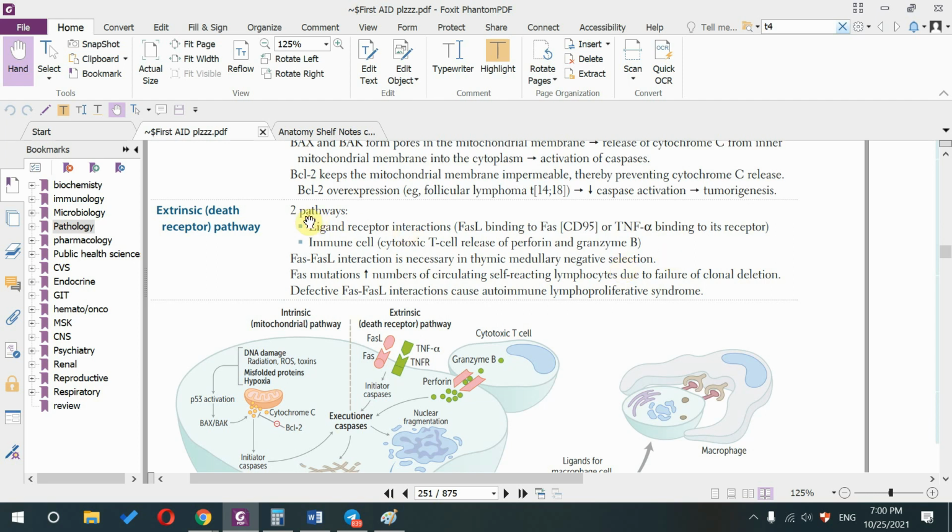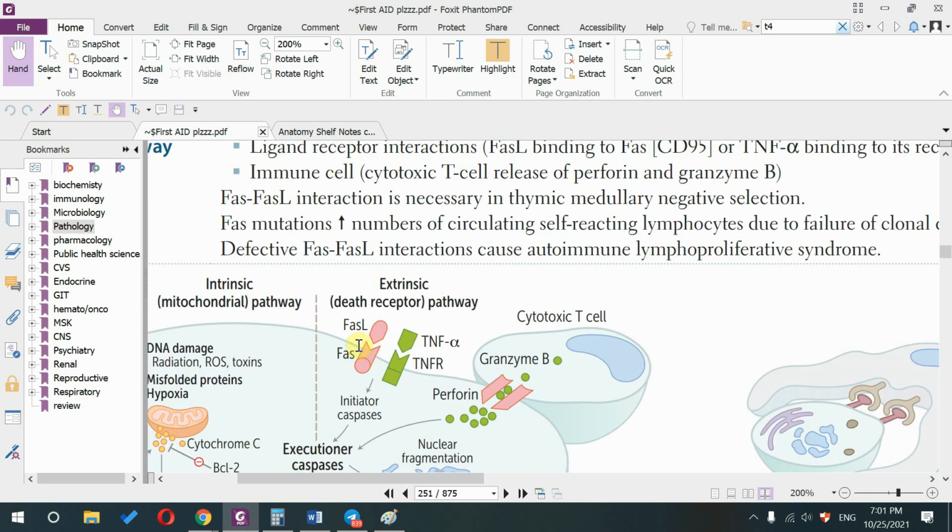So let's take a look. Two pathways. So ligand receptor interaction. Well, basically there is a ligand that binds to a receptor and it kills the cell. As simple as that. So what are these ligands and what is the receptor? Well, there are two of them. Take a look here. We have the Fas ligand, it binds to the Fas receptor. And we have the tumor necrosis factor alpha that binds to the tumor necrosis factor receptor.